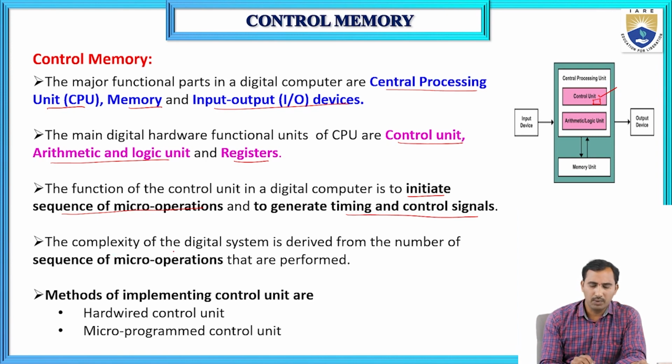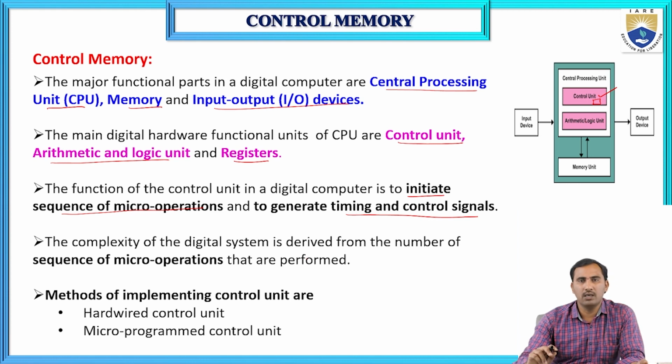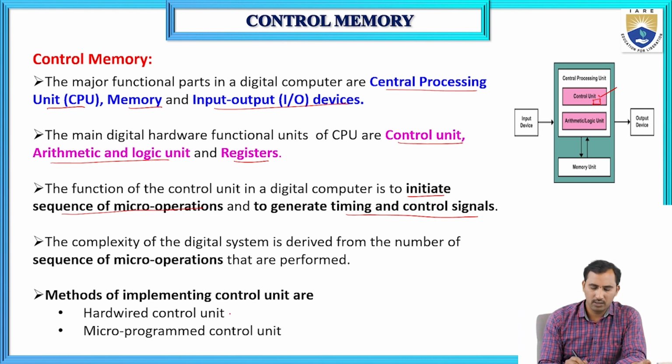The complexity of the digital system is derived from the number of sequences of micro operations that are performed. And we can implement the control unit in 2 methods. The first method is the hardwired control unit, in which we implement the control unit with the help of hardware components like encoders, decoders, logic gates, multiplexers, and demultiplexers.